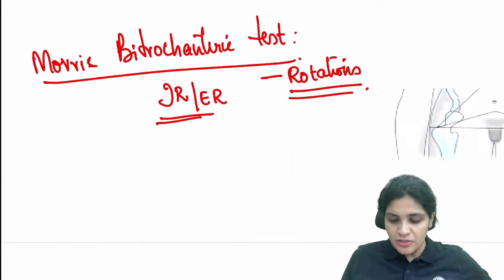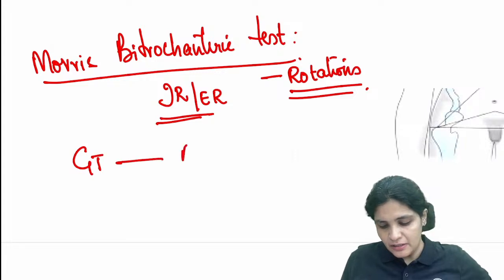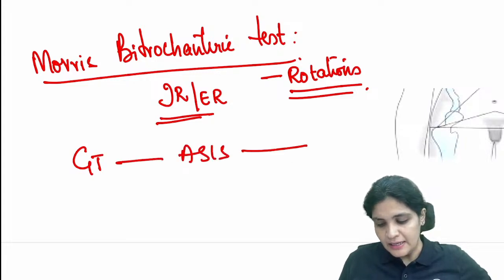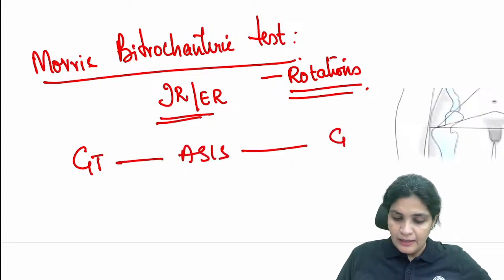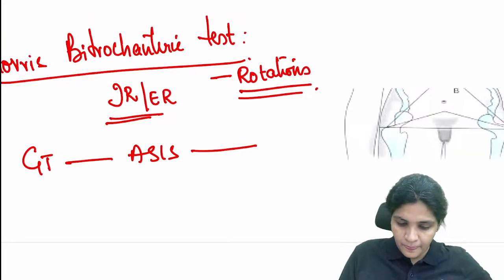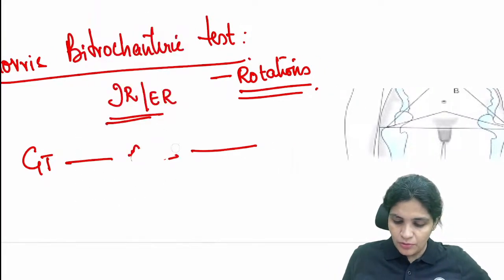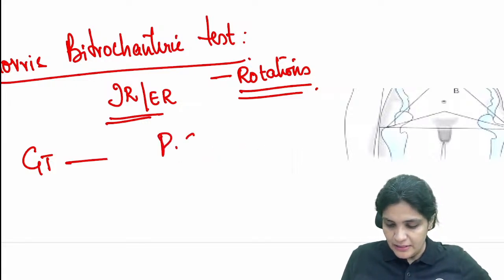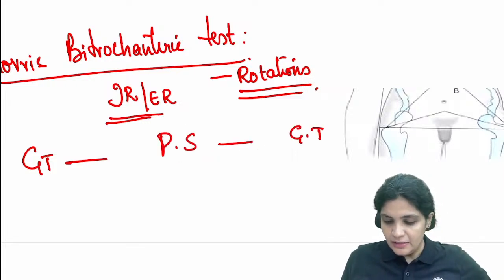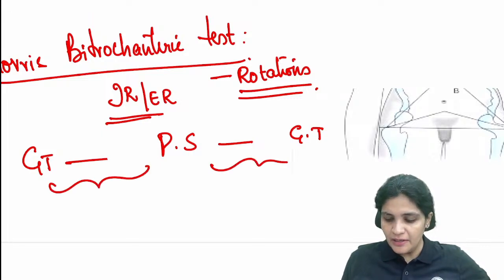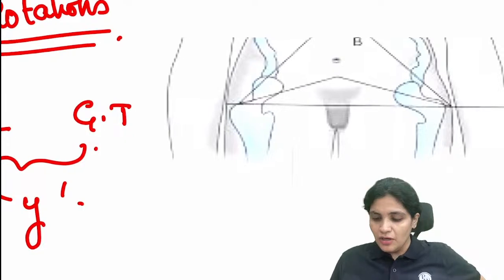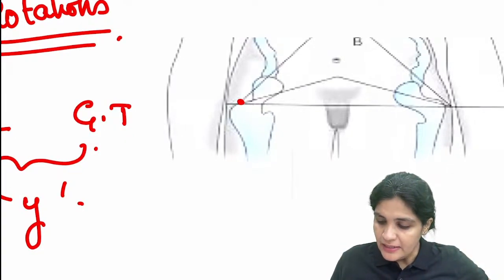You measure the pubic symphysis and the GT, with measurements X and Y. This is your GT and this is your pubic symphysis.